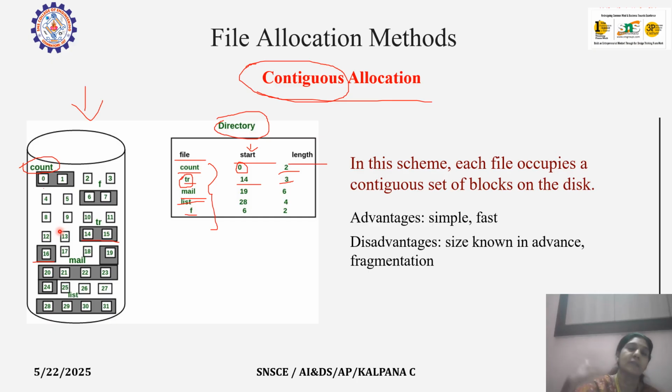If the file is updated from 10 to 12 KB, it is very tedious to allocate again, since you have to find a larger hole and fit the file into that block. So it is not possible.